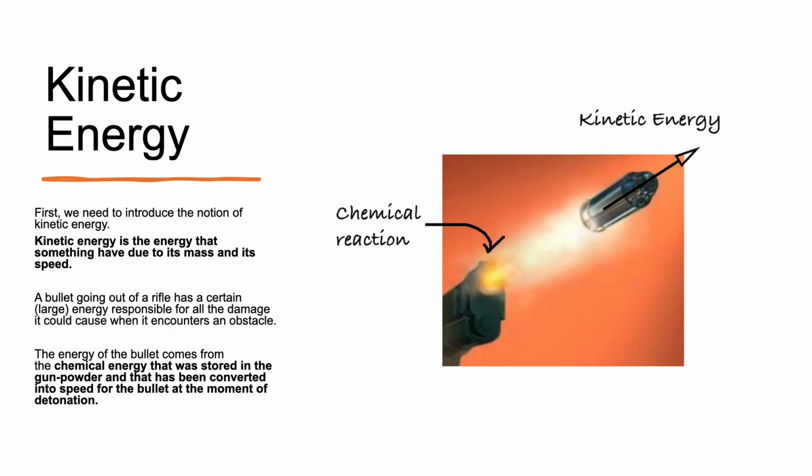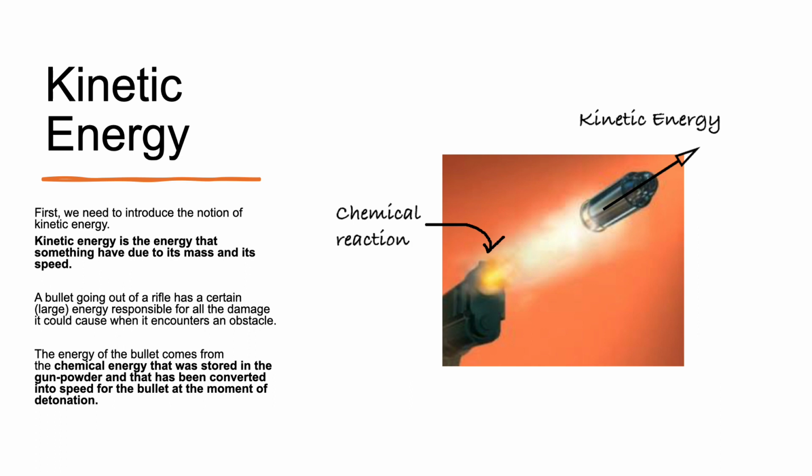If you don't know what kinetic energy is, here's a very quick reminder. Kinetic energy is the energy that something has due to its mass and its speed. Think about a bullet going out of a rifle or a gun. It has a certain large energy, which is responsible for all the damage it could cause when it encounters an obstacle.